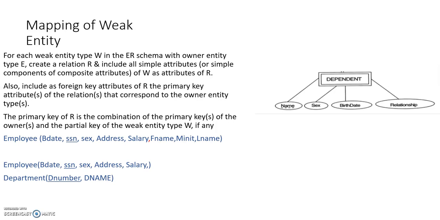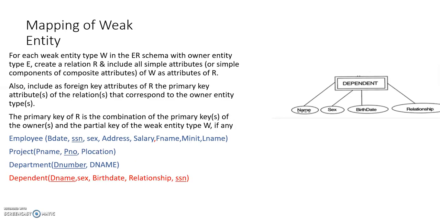In the previous table, employee is the owner entity, so we can make the dependent table strong by using the primary key of employee. That is, we can put the SSN and dependent name combination as the primary key of the dependent table.